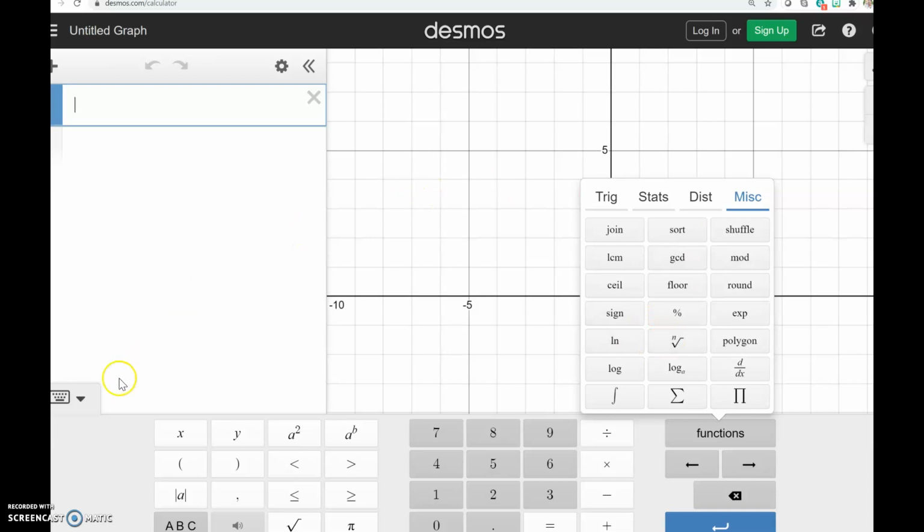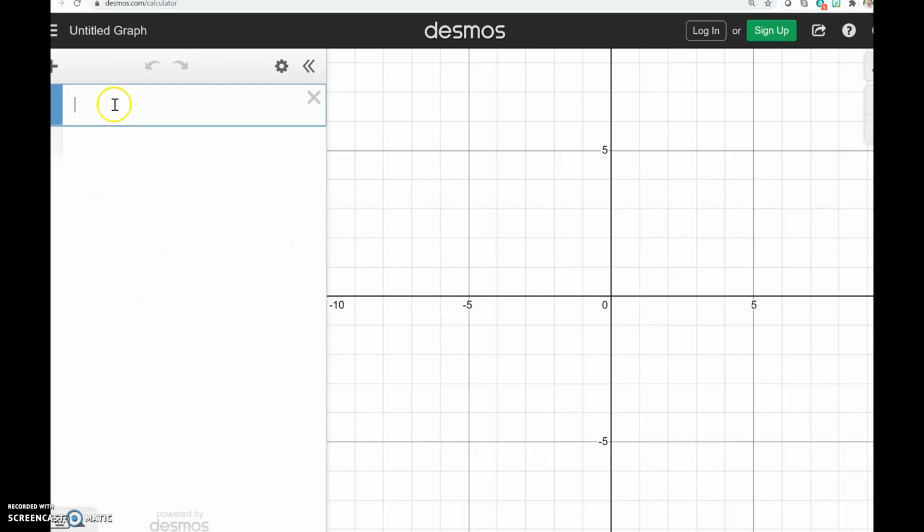But that's a lot. Getting there's a lot when you really can just type it. So you can type in f of x, or you can type in y equals, it doesn't matter.